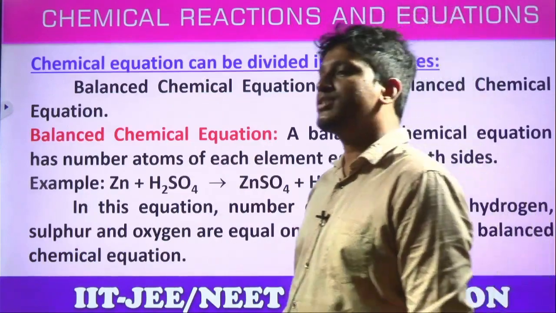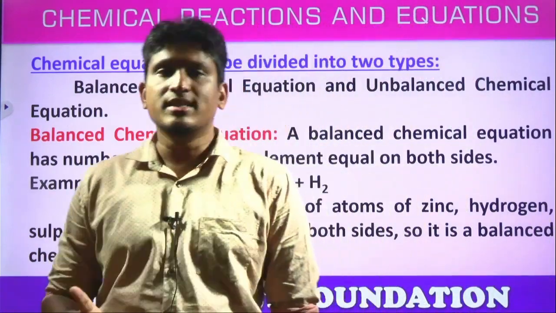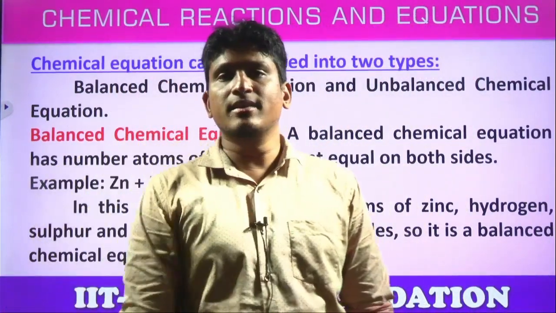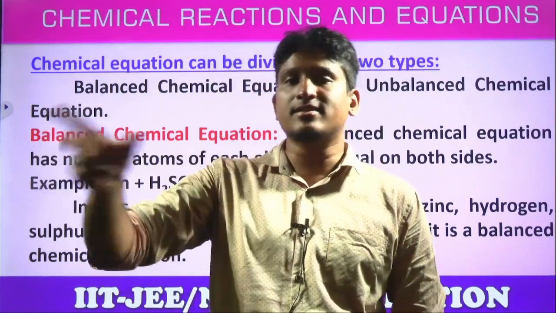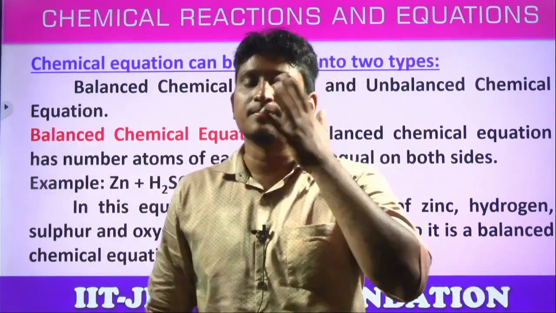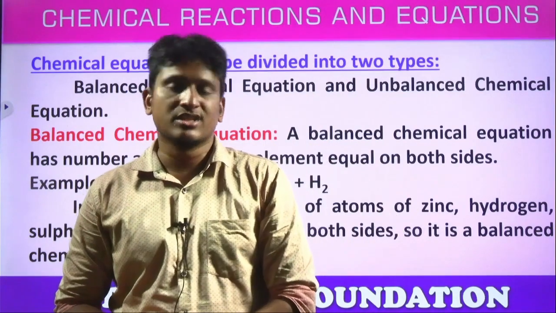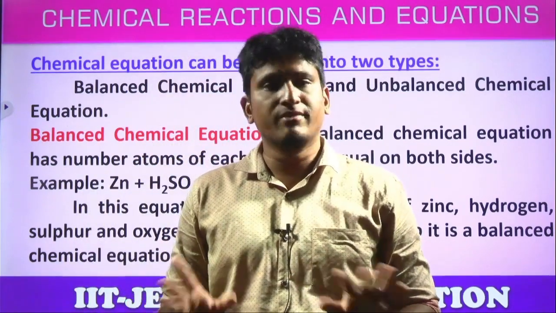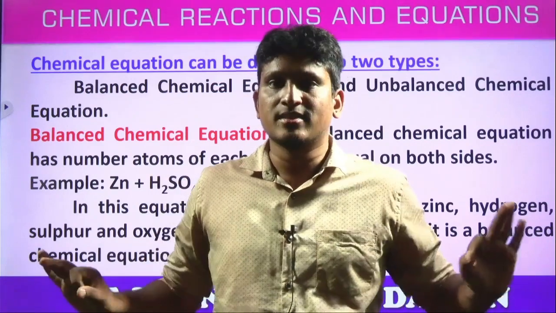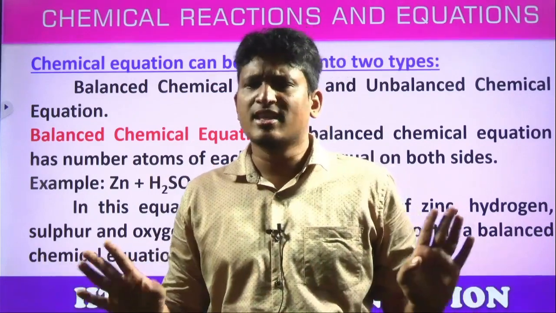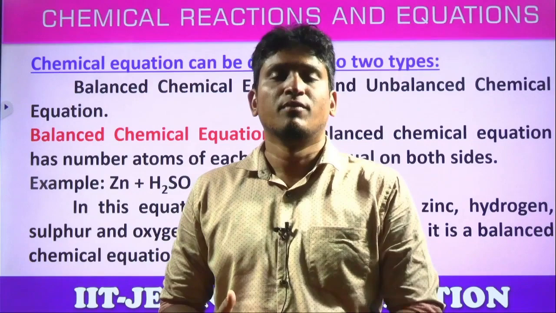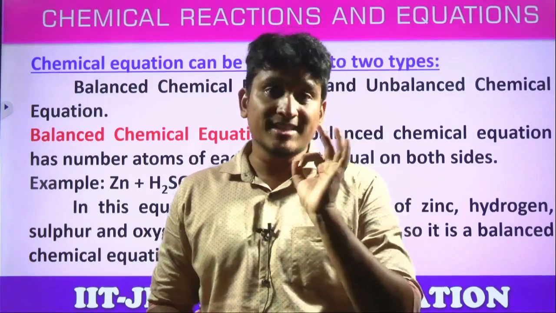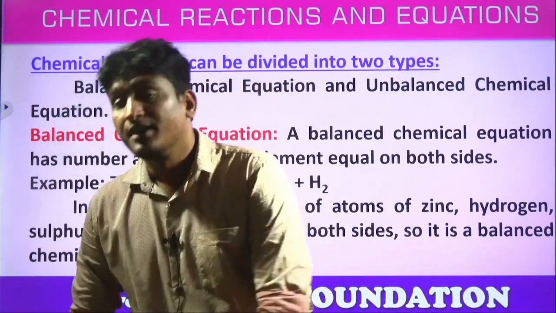These chemical equations are mainly of two types, students. One is called balanced chemical equations, the other is called unbalanced chemical equations. I'll give you the clarity. Listen. In nature, everywhere, all the reactions are always balanced only. So then why unbalanced? I'll give you that clarity. First of all, let us discuss the meaning of a balanced chemical reaction.